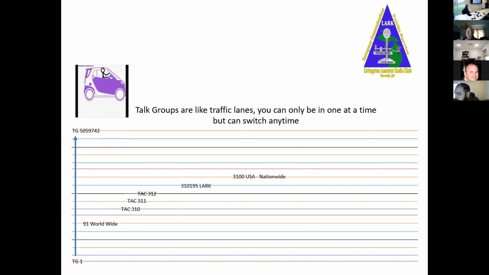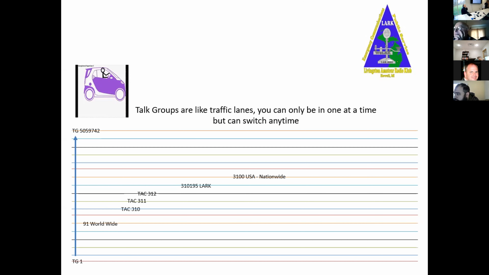So what I mean by that is, if you look at my graph here, the bottom one is talk group 1, and the very top group is 5,559,742, and anything in between. That was the two extreme ends in talk groups as of 2 days ago. Okay.